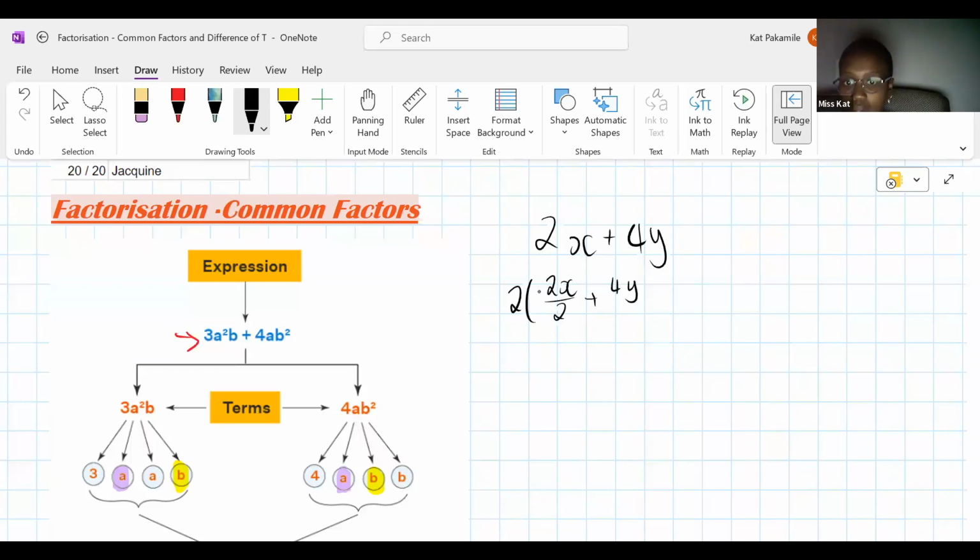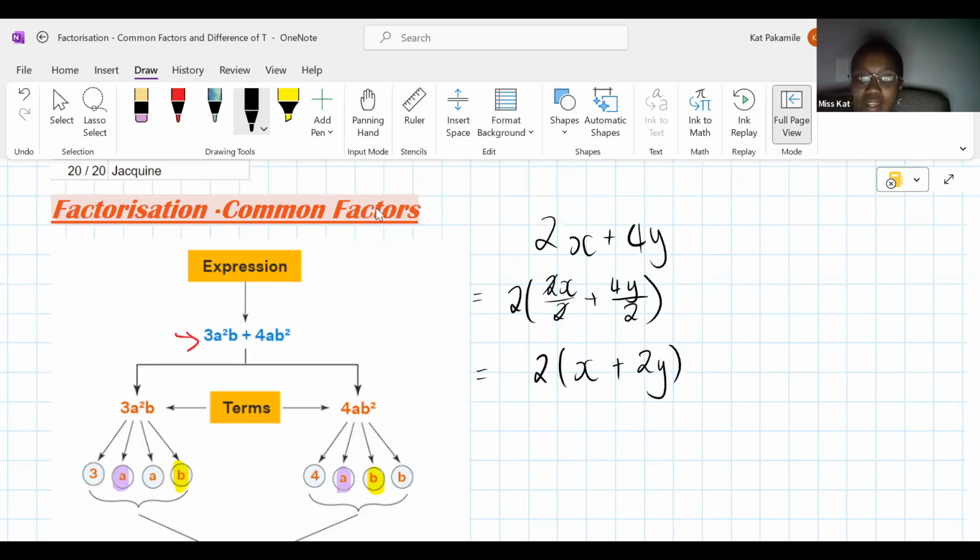Then we're going to divide it. So 2x divided by 2 is 1x, plus 4y divided by 2 is 2y. So our answer is 1x plus 2y.